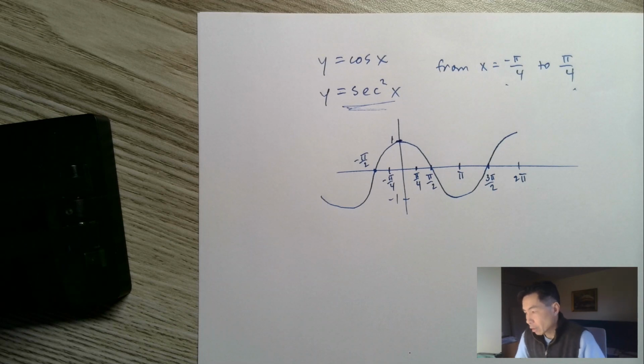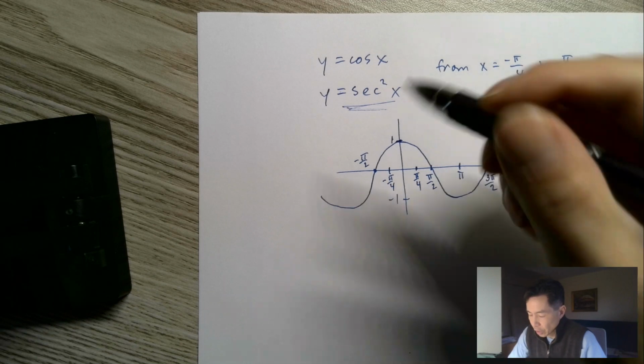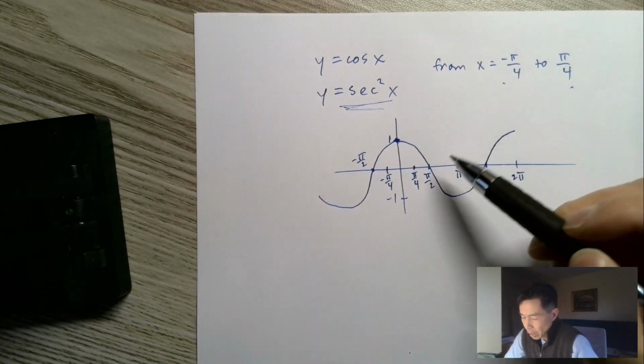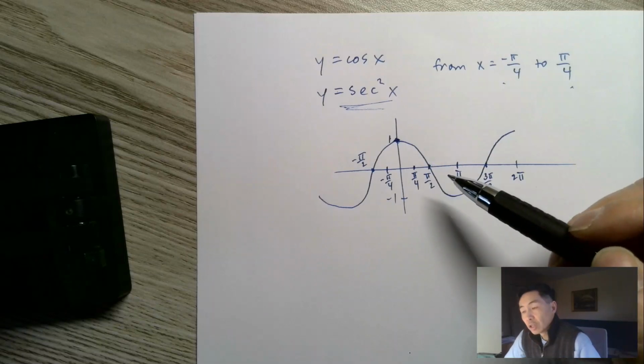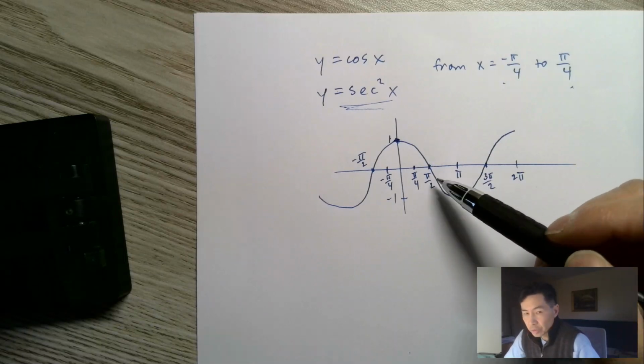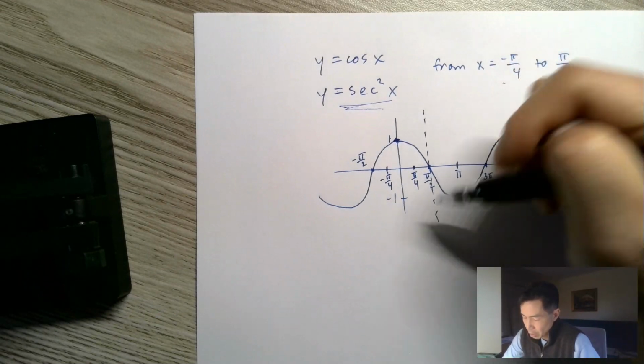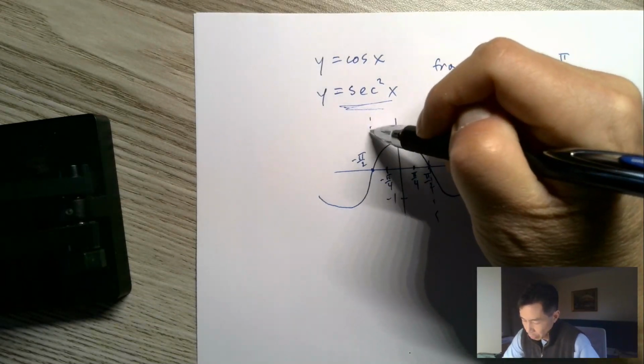So at 0, cosine is 1, and so is secant, so I know I have a common point here. At pi over 2, cosine is 0 and secant is undefined, so this is an asymptote. And at negative pi over 2, same deal, asymptote.